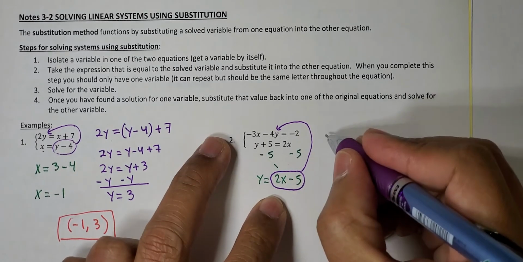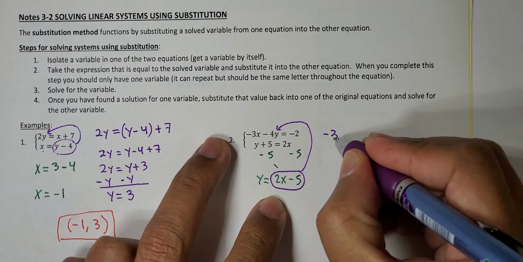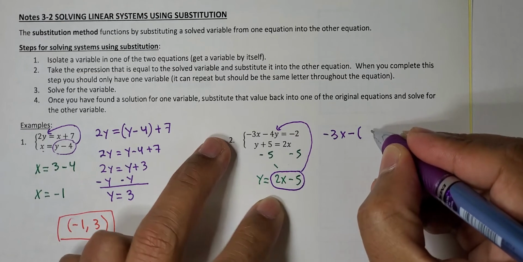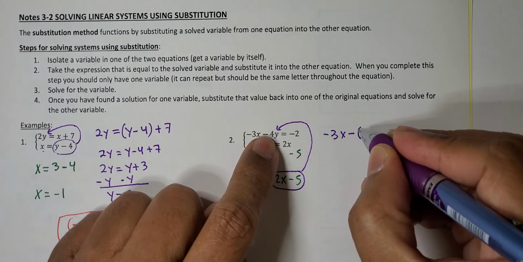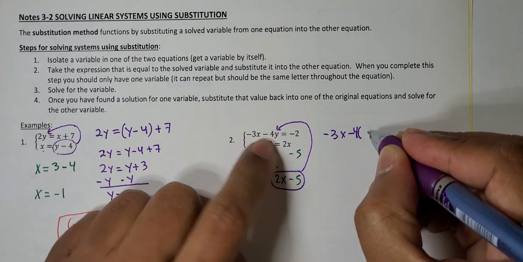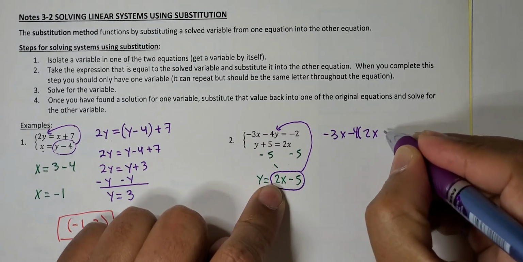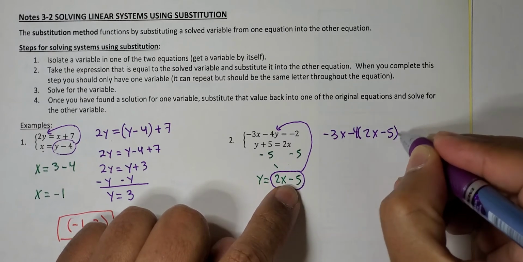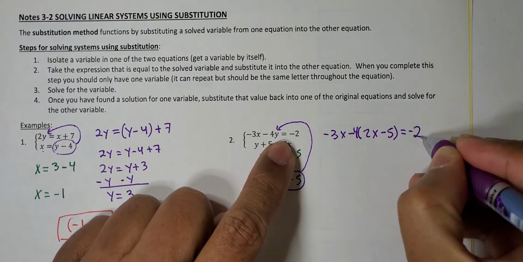So then this is negative 3x minus, and then I have a parentheses, and then there's a 4, which I should have included here. So there's a 4, and then instead of y, 2x minus 5 equals negative 2.